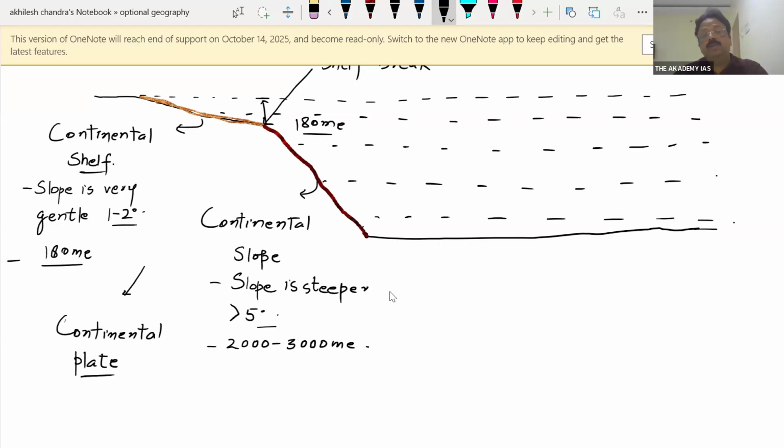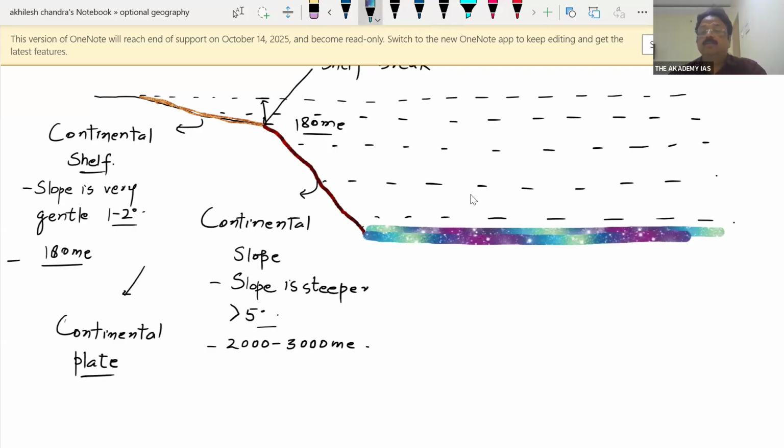In case of such a plate where the ocean floor as well as continental floor are both the same, that is, where ocean and continental floor are one, like this. The ocean floor is made up of basalt, and the continent is made up of granite and all that.